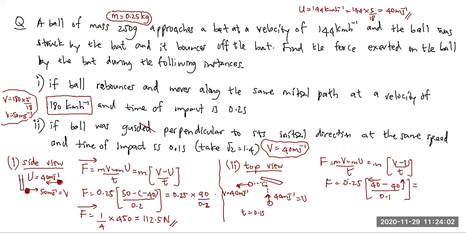Okay, so this can be written as 0.25 over 0.1, that is 25 over 10. So I can write as 5 over 2, inside the bracket 40 in this direction plus 40 down, because we can add conveniently 40 down, right? So we have to do the vector addition there now, 5 by 2, 40 and 40 like that.